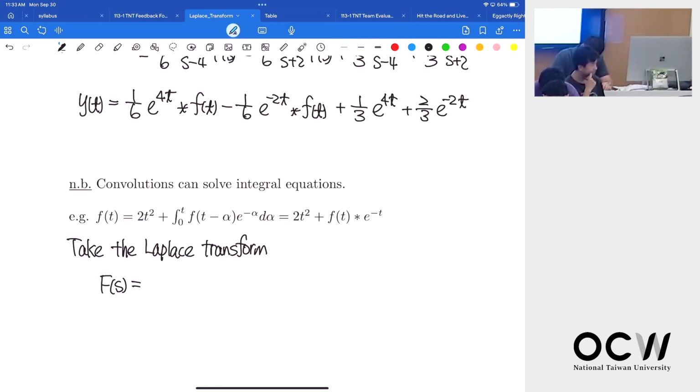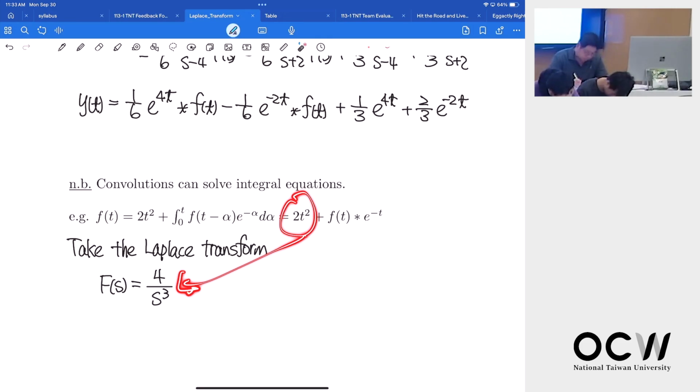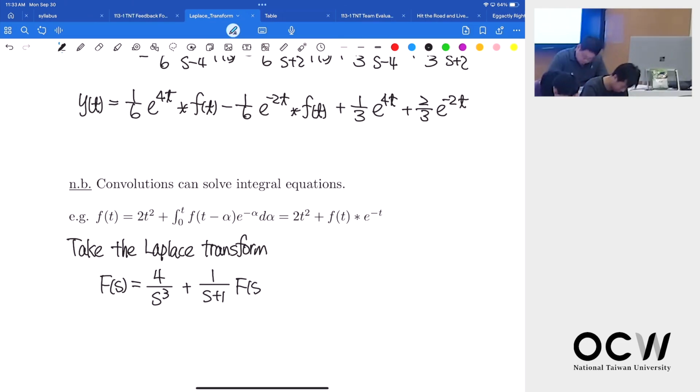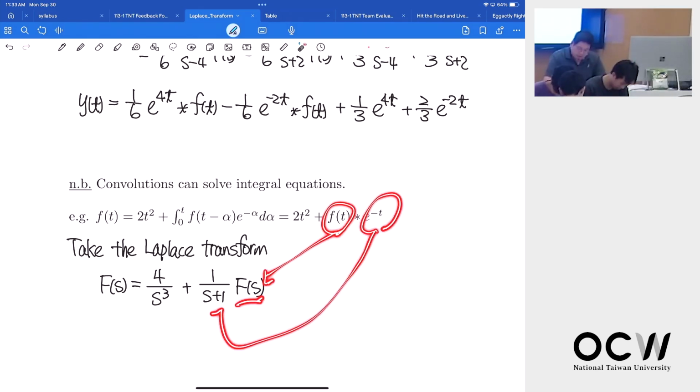We have 4 over s cubed. That's the first term. And the second term: F of s times e to the minus t will be 1 over s plus 1.